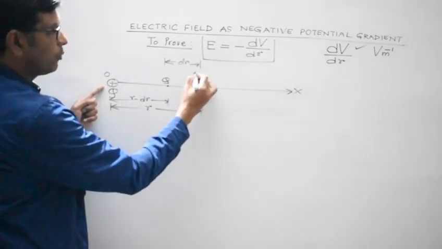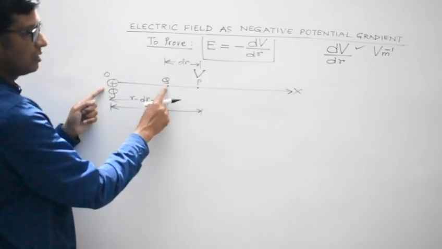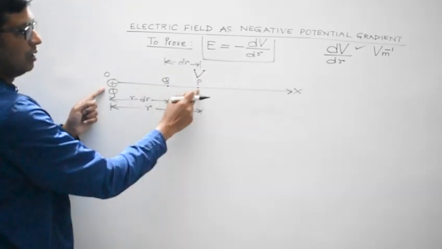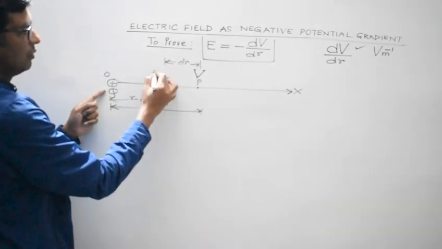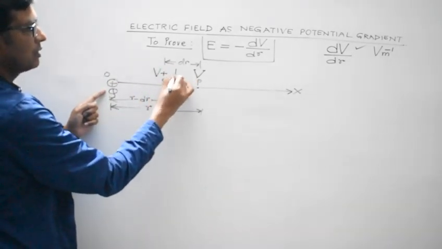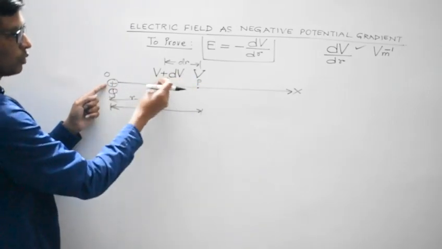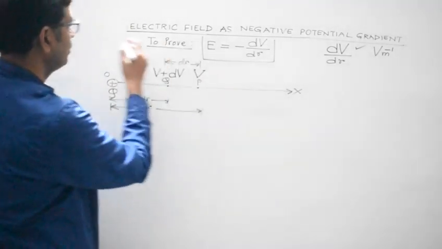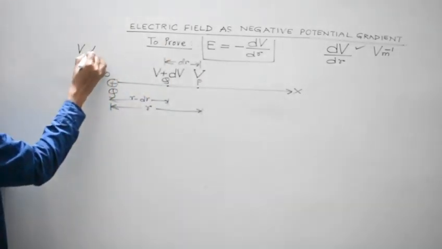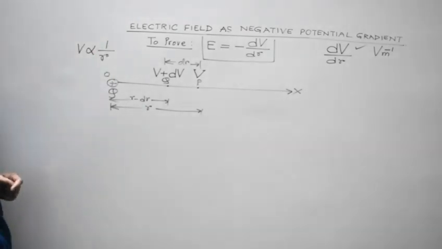So if the potential at point P is considered to be V, then at point Q, which is closer than point P by distance dr, the potential will be given by V plus dV. This is a positive charge. So as the point comes closer towards the observation point, the value of potential will keep on increasing because potential due to a point charge varies with the distance like this, right?